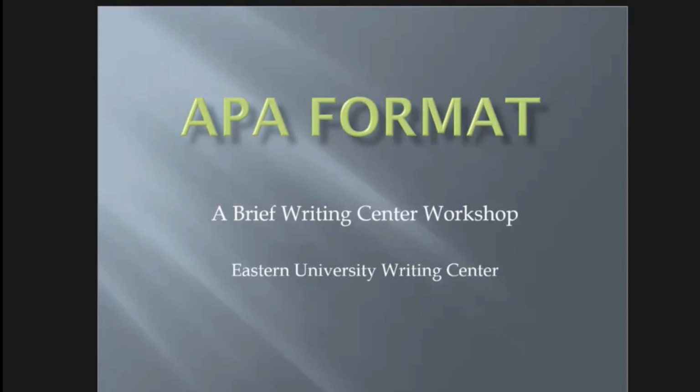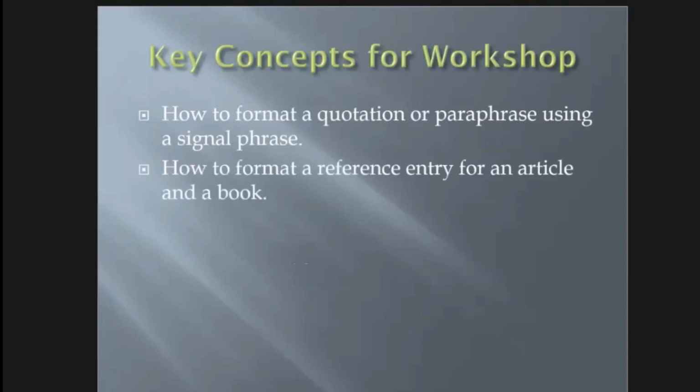So we're going to do a couple of things here. Basically, we're going to be working on just really two basic things, although we'll kind of touch on some other things as well: how to format a quotation or paraphrase using a signal phrase, and how to format a reference entry for a journal article and a book. Now, again, there's a lot of other aspects to APA format.